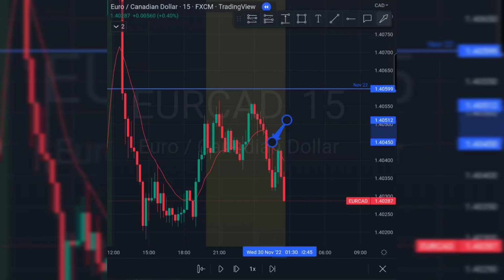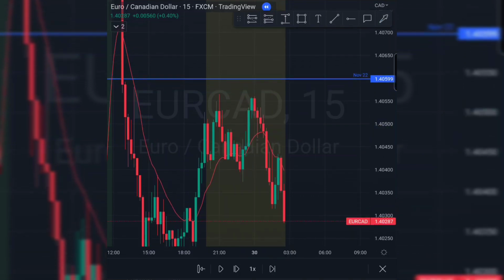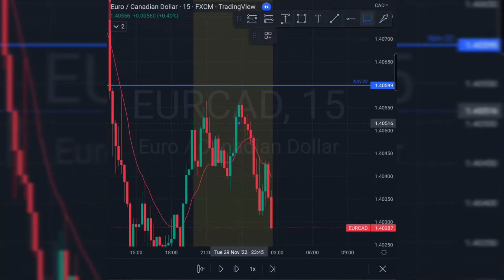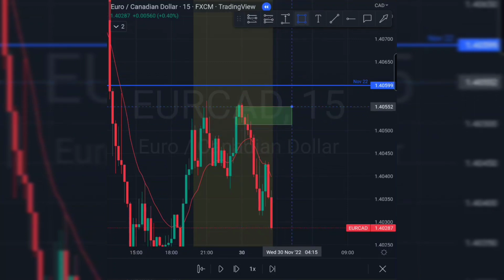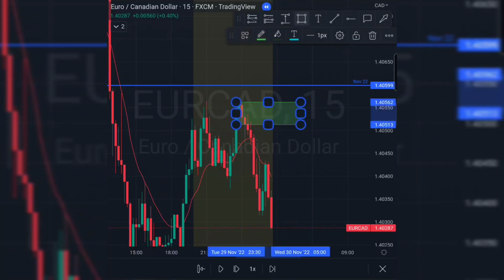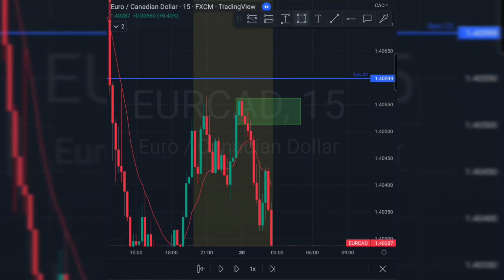This is definitely supply. But the thing about it is, if we go in here and try to mark it up like we do our setups, the last candle to the top, move it over, you have to see what price is telling you. If a gap is attached to our zone, it lets us know that everyone didn't get into the trade and that price will come back, fill the gap, and then go in that direction.